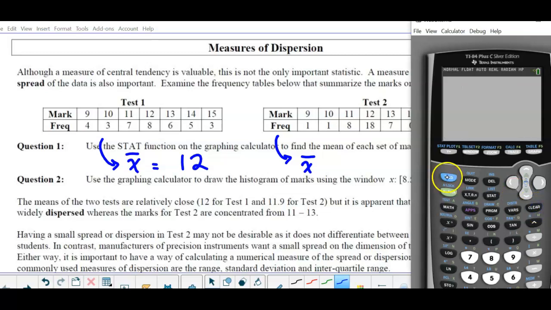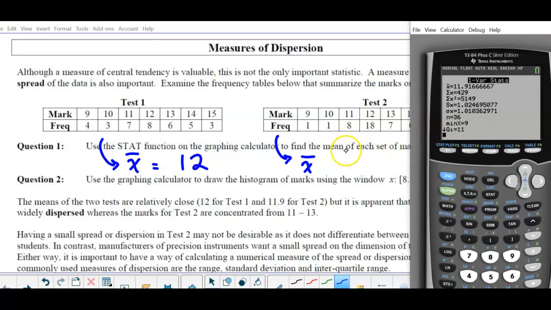So you can clear that out and then go Stat, Calc, One Variable Stats, but then our frequency, remember, is in L3. Still, you have the same list in L1, the data values, but now the frequency is in L3. Okay, and that's 11 point, it doesn't say what to round to. We'll go 2 decimal places. 11.92. Okay, so pretty close, right?